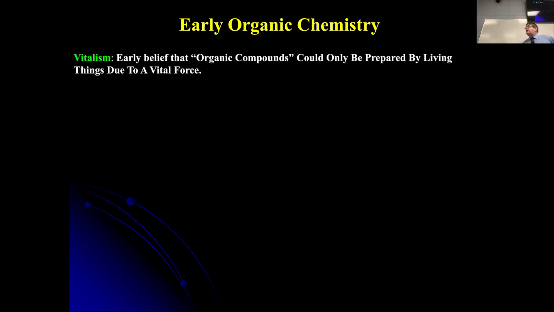And as I mentioned, there was this early belief called vitalism. And the belief went like this, that organic molecules can only come from a living thing due to some unknown vital force. So we were hunter-gatherers. We went out and we hunted something. We killed it or we gathered it, right? And the material, it was a living thing.